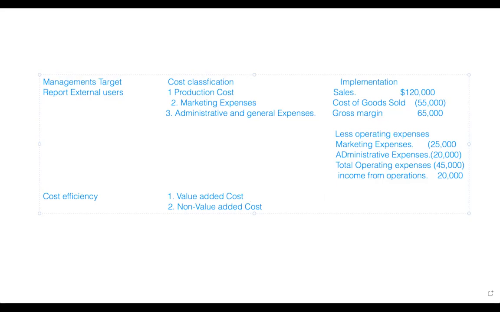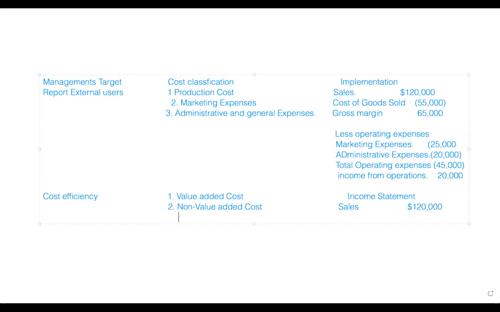This part. So for example, the sales is 120,000, right?